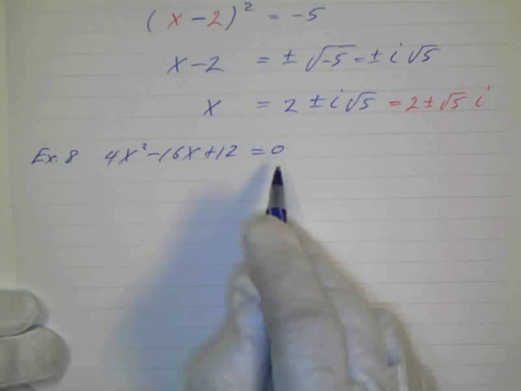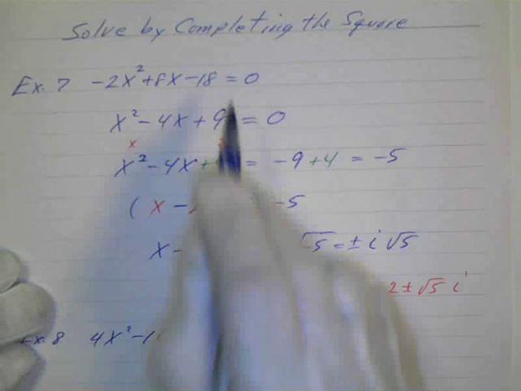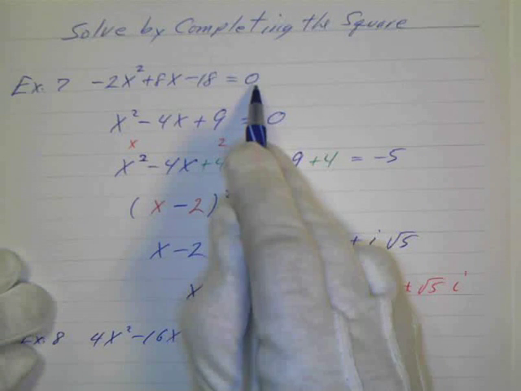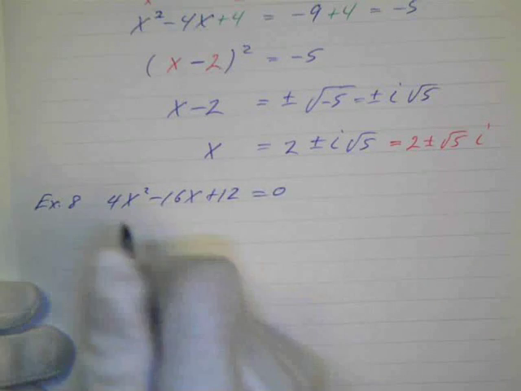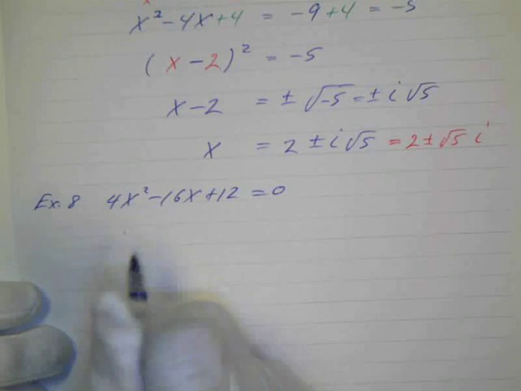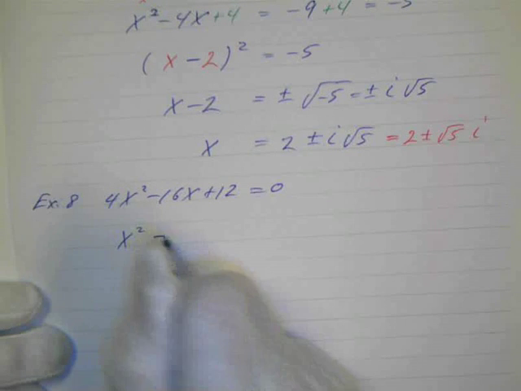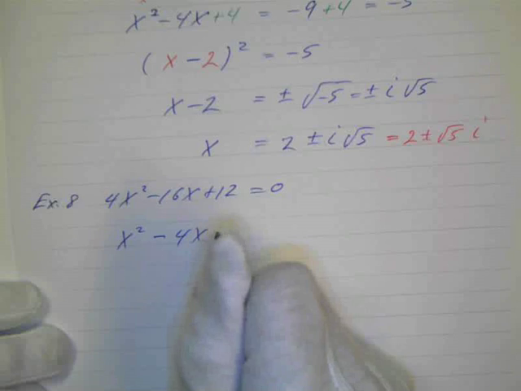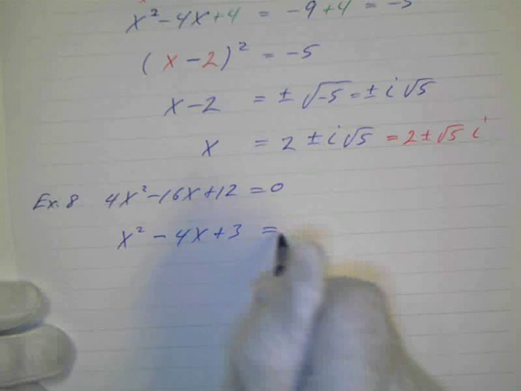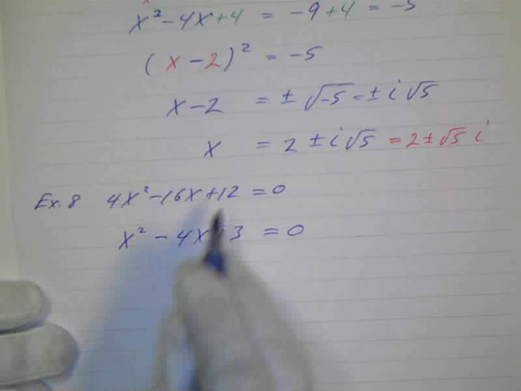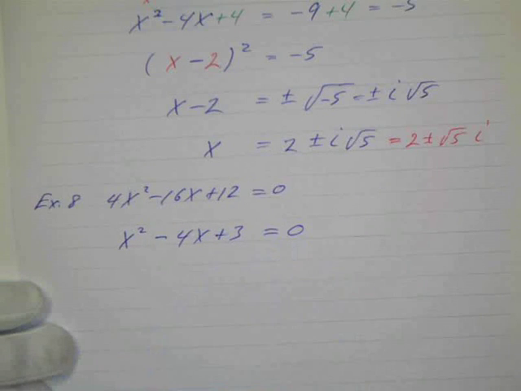And you're also going to divide the right side. 0 divided by 4 is 0. So that's nice. So we have x squared minus 4x plus 3 equals 0. So we divide everything by 4.